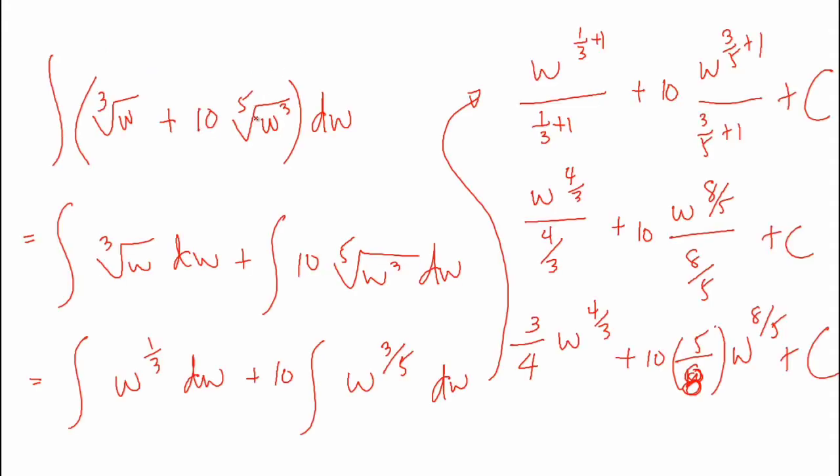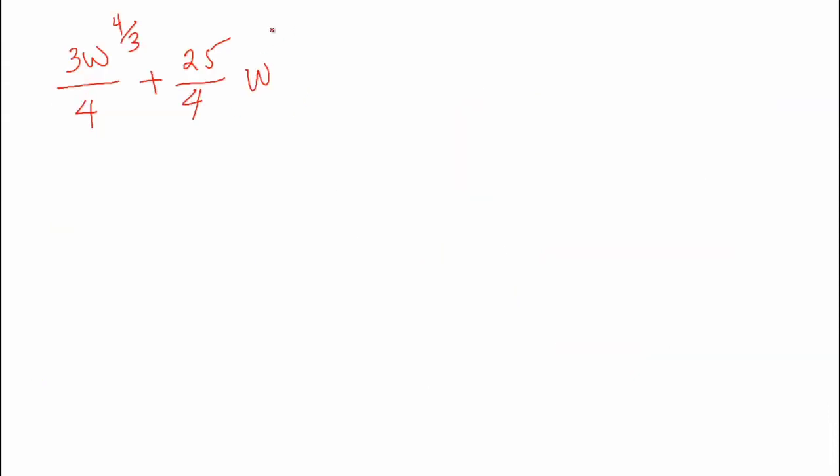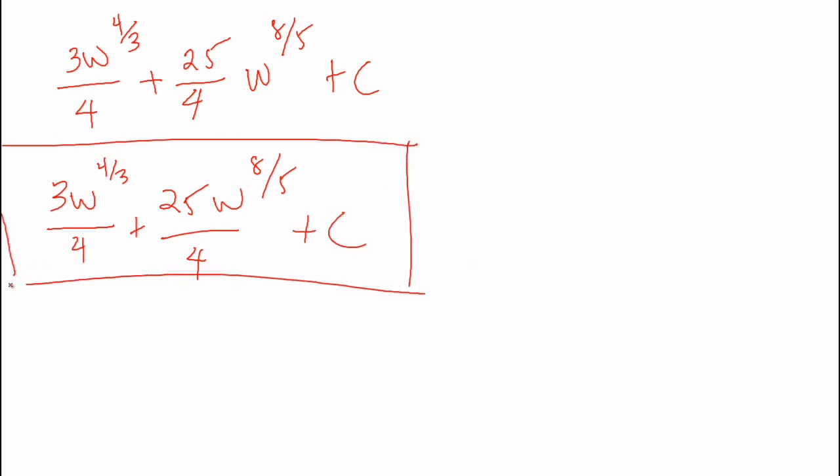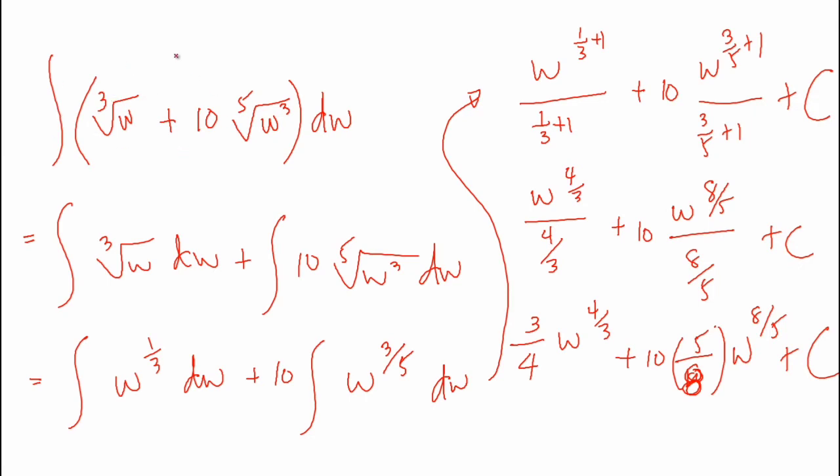Then w to the 8 over 5, plus C. Or just to make it uniform, you can rewrite it as 3w raised to 4/3 over 4 plus 25w raised to 8 over 5 over 4 plus C. So now that is our answer for this problem: the integral of the cube root of w plus 10 times the fifth root of w raised to 3, dw.